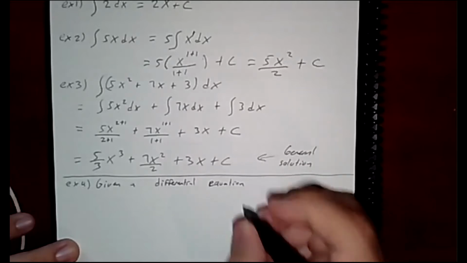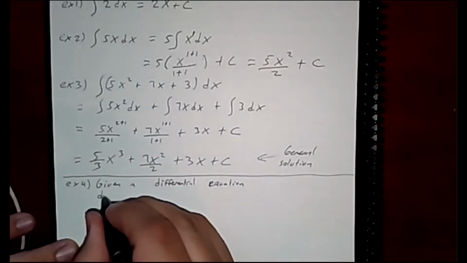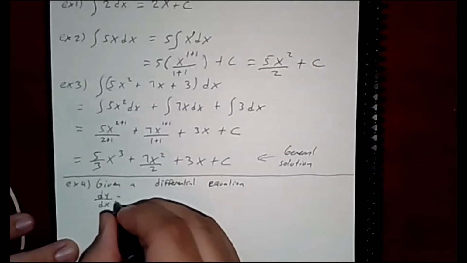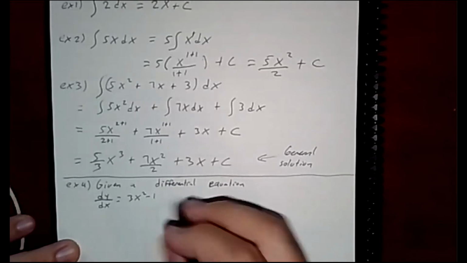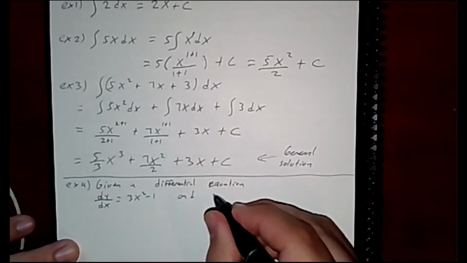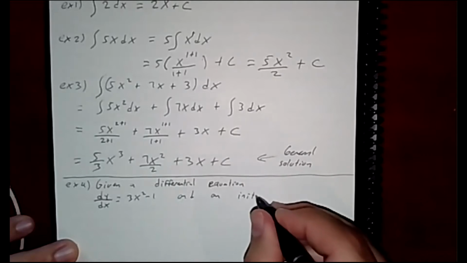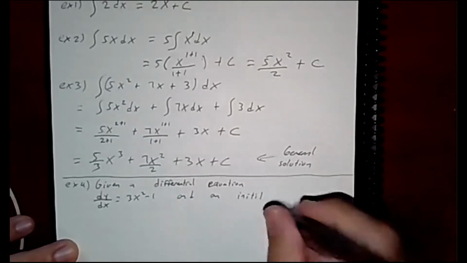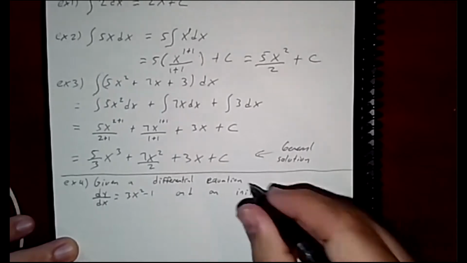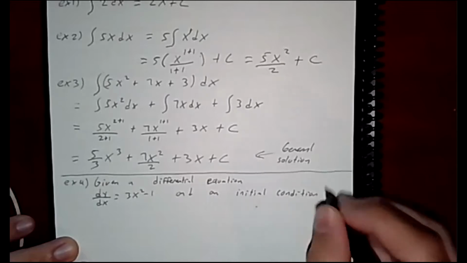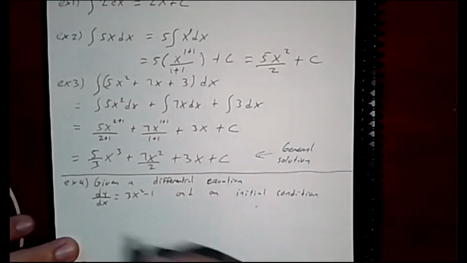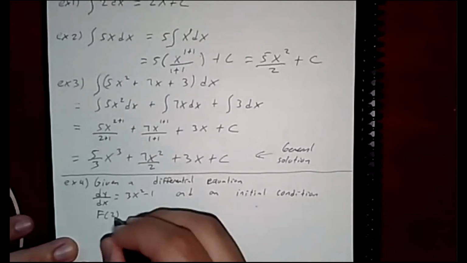So given a differential equation, so this is the derivative of some function, and an initial condition, f of 2 equal to 4.